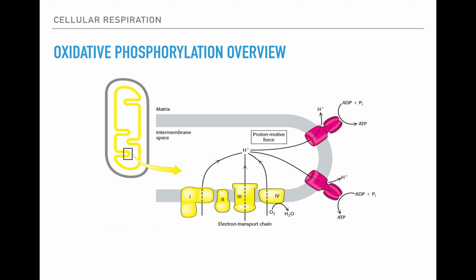The proton flow through the F0 subunit drives the rotation of the gamma subunit, which promotes synthesis of ATP through the binding change mechanism previously described. Each 360-degree rotation of the gamma subunit leads to the synthesis and release of 3 molecules of ATP.